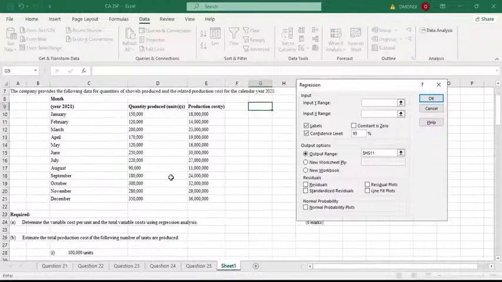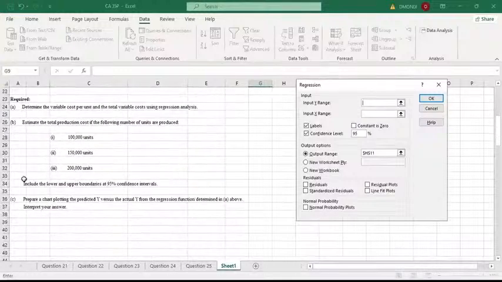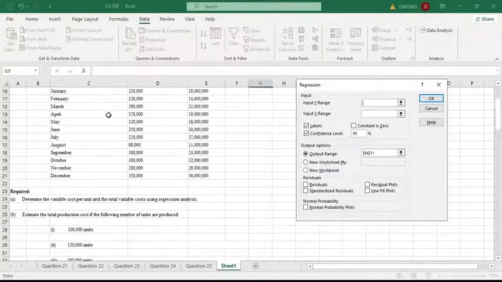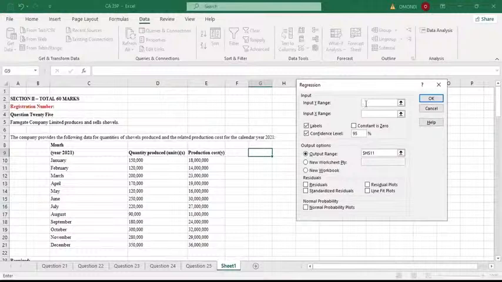And the examiner is specific at some point here: include the lower and upper boundaries at 95% confidence intervals. So let's now move to this part here. Y input is this one here. I've now identified. Remember, the first step was to identify X and Y.